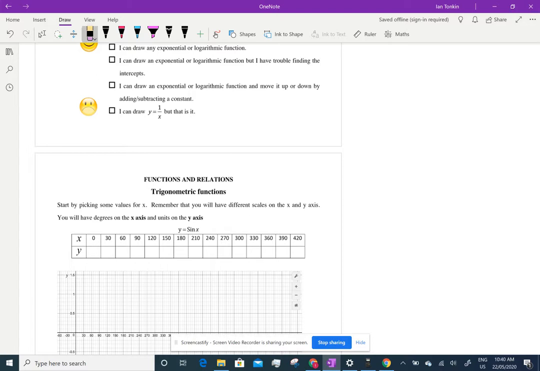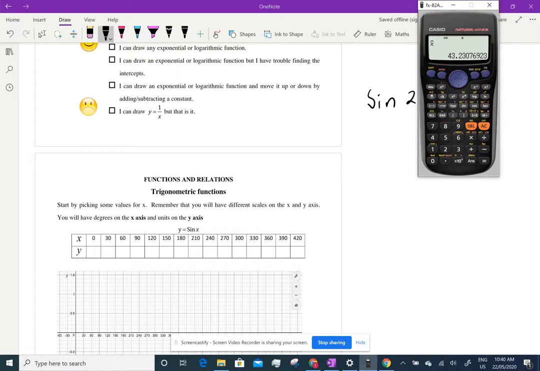You're finding the sine of an angle, or you're finding the inverse sine of a ratio. So, for example, you can go sine 20 on your calculator and it'll give you a value.